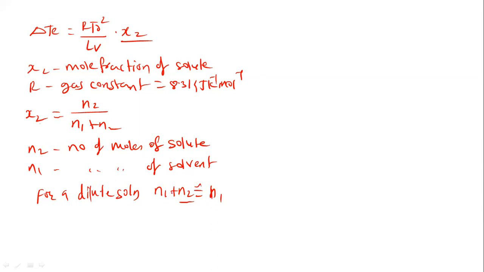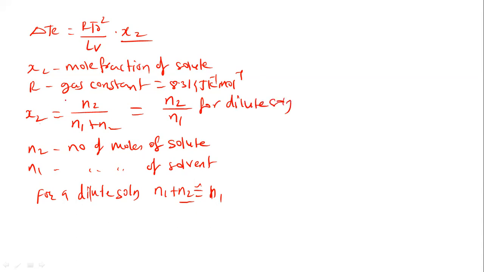So N2 is negligible here, therefore we can write N1 plus N2 approximately equal to N1. So therefore it is written as X2 equal to N2 divided by N1. This is for the dilute solution.